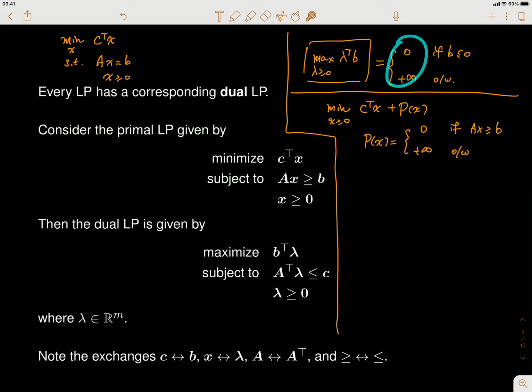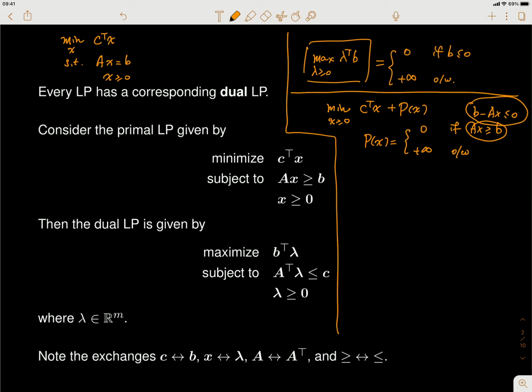So you can see that these two are the same. Since we have this information now, we know that this is nothing but equivalent to b minus Ax less than or equal to 0. I can replace this one by that one, it's the same.